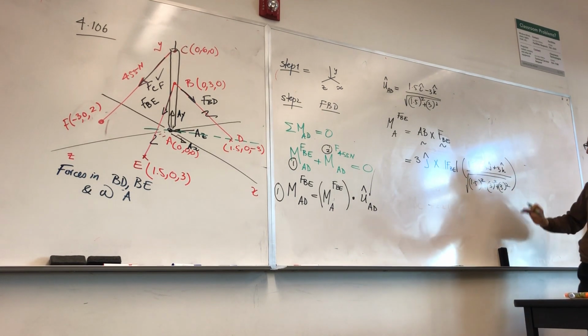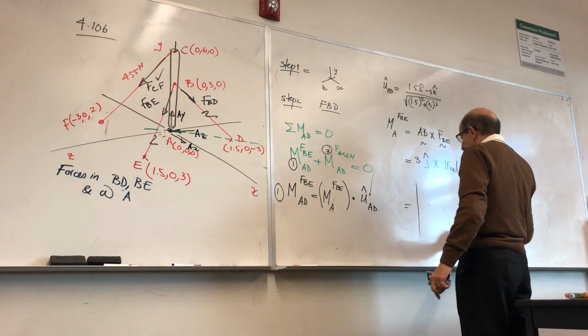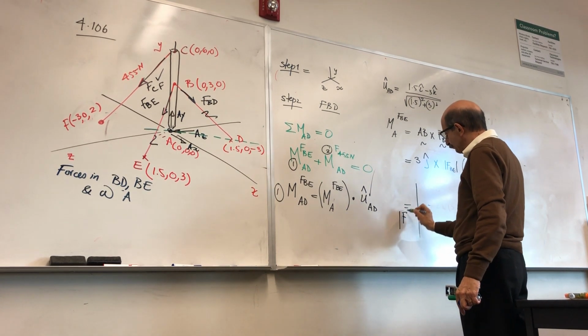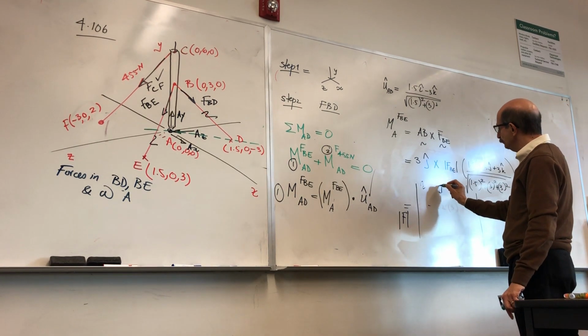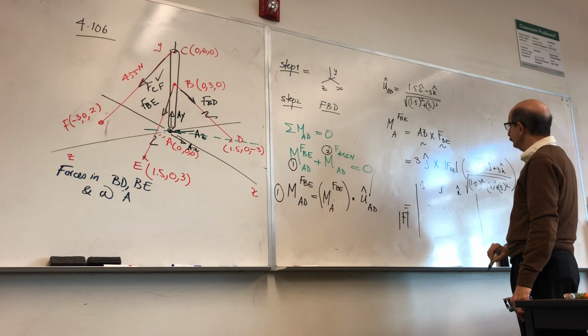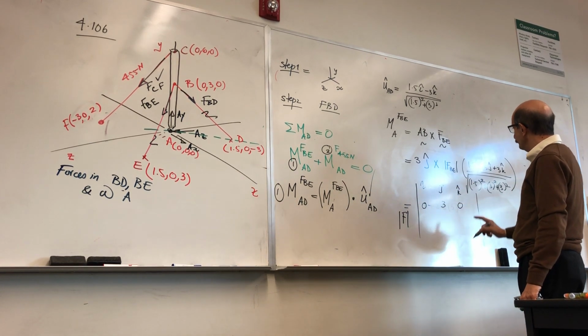Let's figure this out. You end up with this determinant, right? You have F, let me just call this F of BE. So this is I, J, K, right? Position vector is 0, 3, 0.